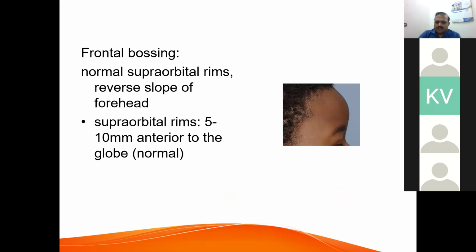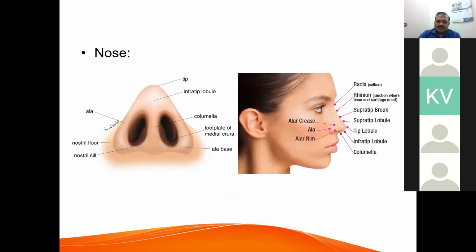A more detailed discussion of the nose is not within this lecture, so these are certain key points of the nose assessment. The normal landmarks like the tip, infra-tip lobule, columella, alar base, ala, supra-tip break and supra-tip lobule have to be evaluated clinically.